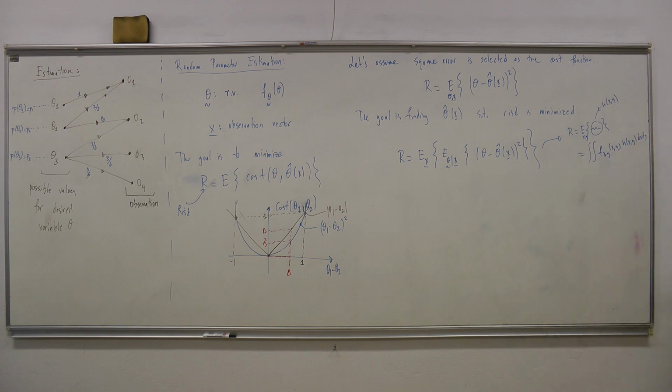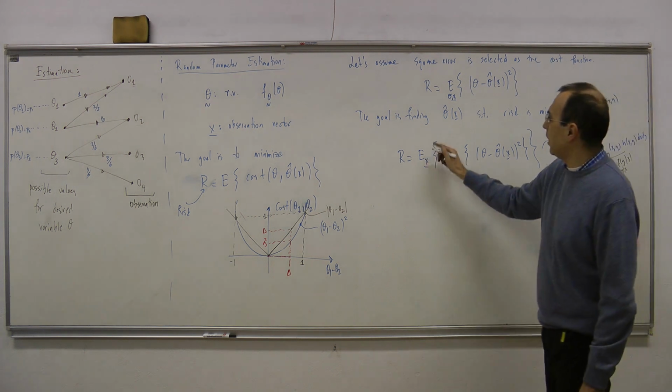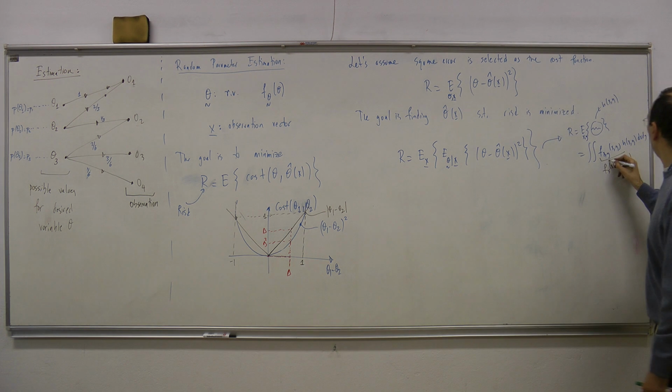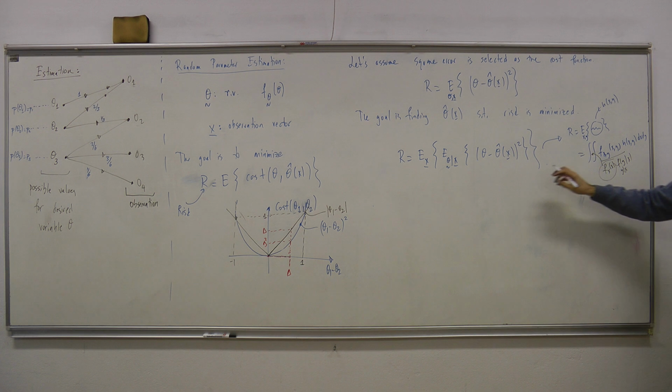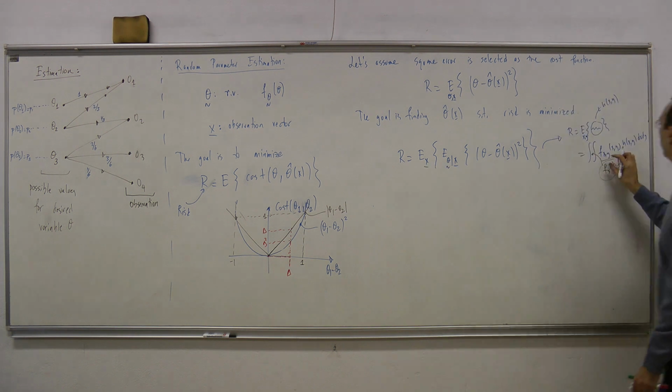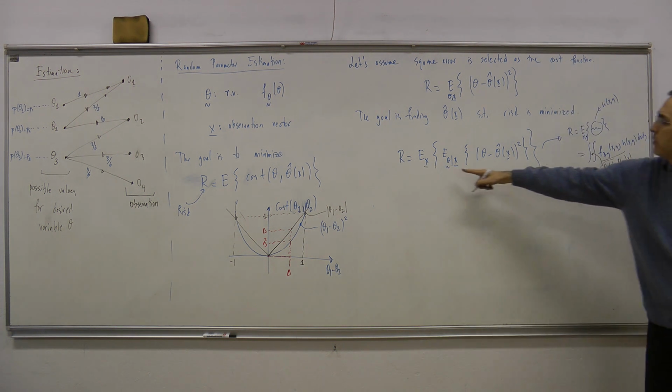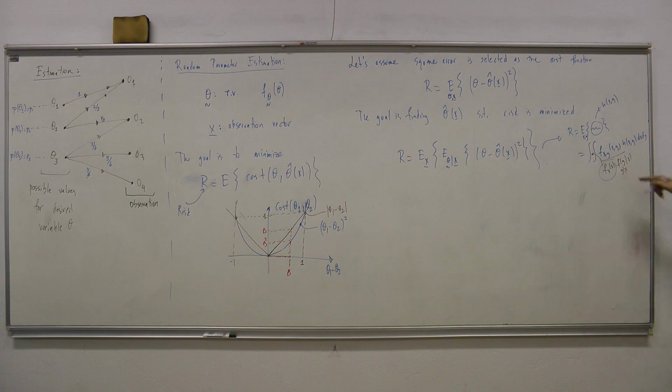But I can write this as the x density times the conditional density of y given x. If you move the x density out, you take the expected value of whatever remains, and that becomes this conditional expectation over this conditional density, and that is it actually.